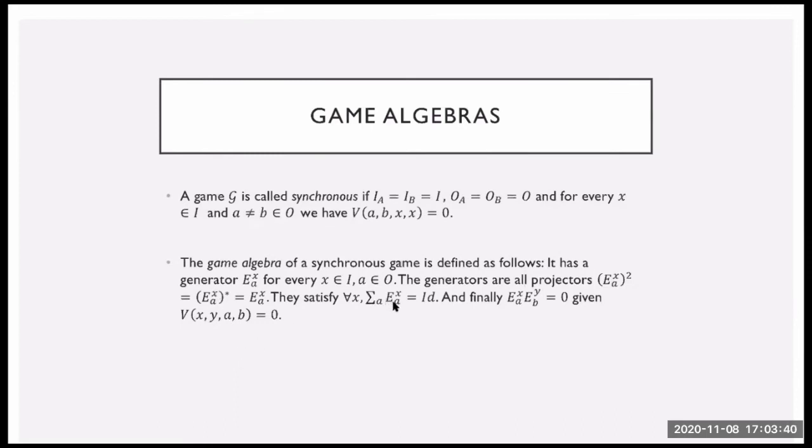They sum up, so for every x, the E_{x,a} sum up to the identity. So you can see that these two conditions together, the fact that the generators are all projectors and that they satisfy this condition, is exactly what we asked of a projective valued measure.